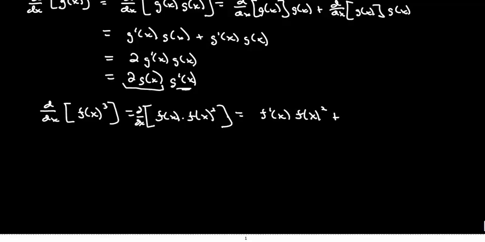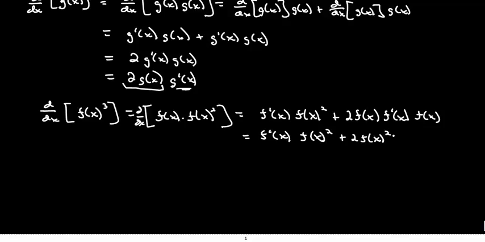Now we know the derivative of f of x squared is going to be 2 f of x times f prime of x. That's the derivative of this guy times this guy. And so this will give me f prime of x times f of x squared plus 2 f of x squared f prime of x.